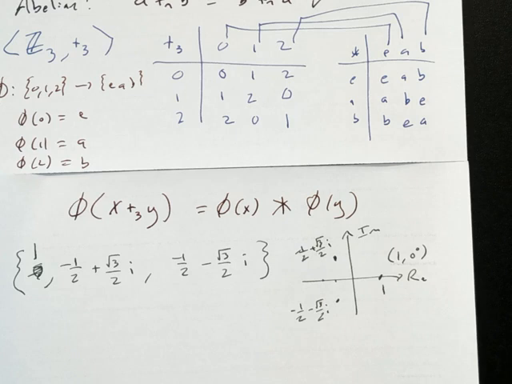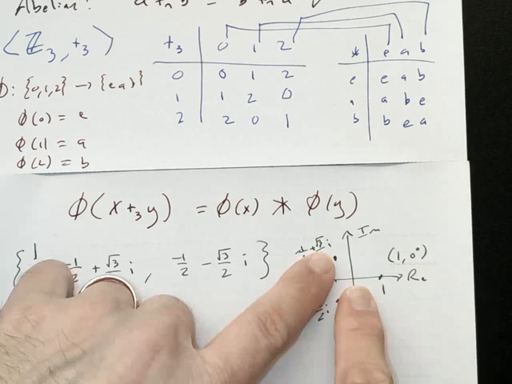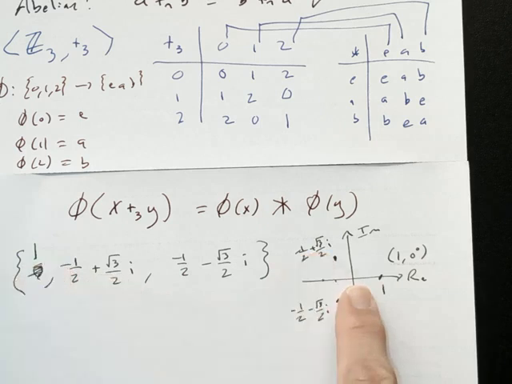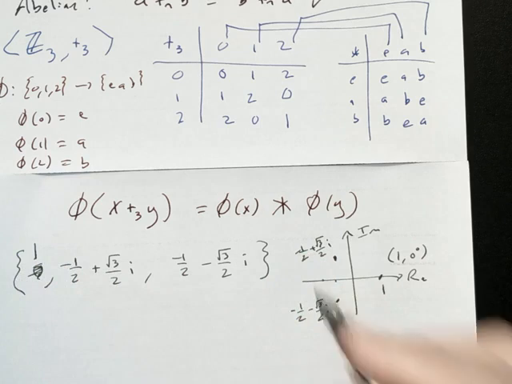Pythagorean theorem. 1/2 squared is 1/4. Root 3/2 squared is 3/4, add them together, you get 1. That dot is a distance of 1 unit away. So that's again a radius of 1.